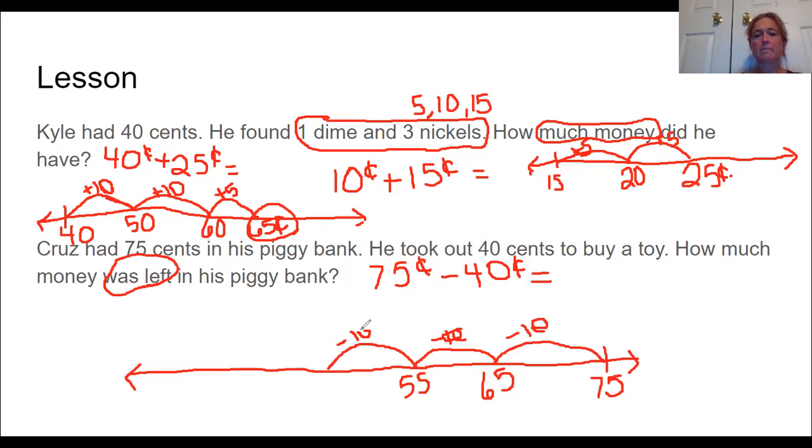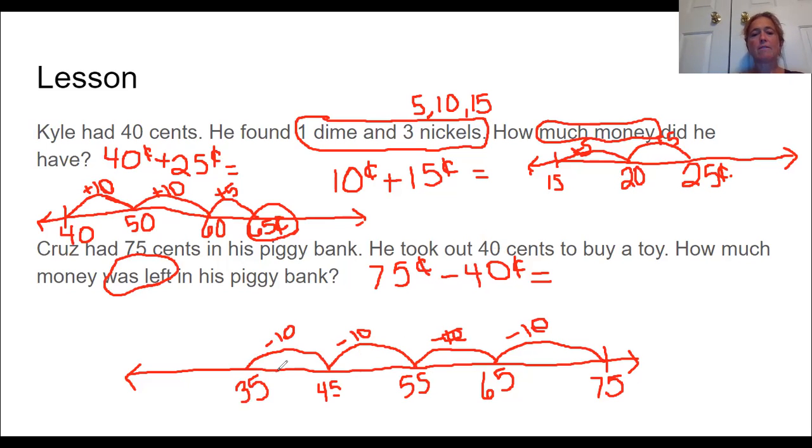Minus 10 takes me to 45. And minus 10 takes me to 35. So I've subtracted 10, 20, 30, 40, which is the amount we needed to subtract.